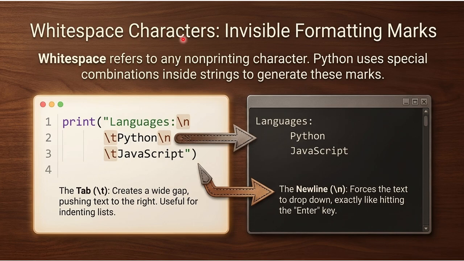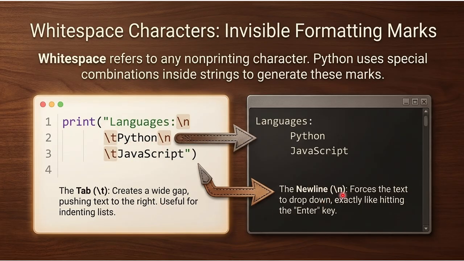Now we come to white space characters, which are invisible formatting marks. White space refers to any non-printing character, which isn't visible on your screen. Python uses these combinations inside strings to generate these marks. You have two of them: one is slash n, one is slash t.